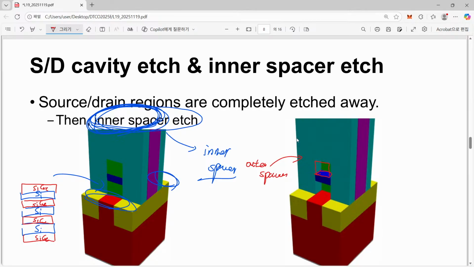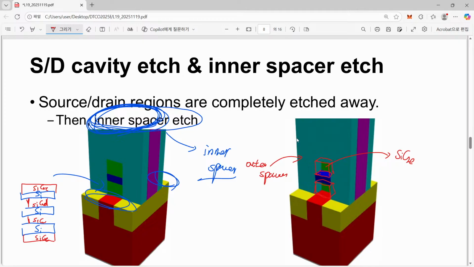We have a small portion of previous silicon germanium intentionally etched away, underneath this outer spacer region. So now we intentionally make this silicon germanium much narrower.